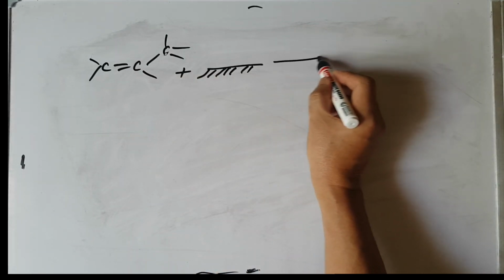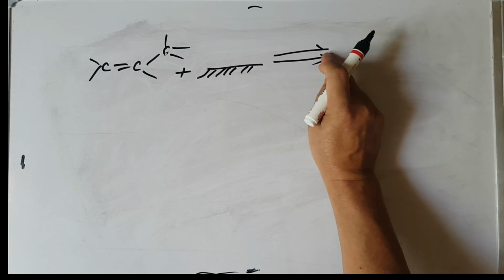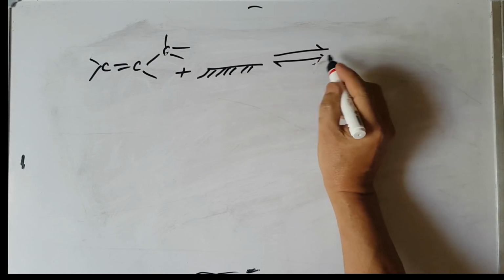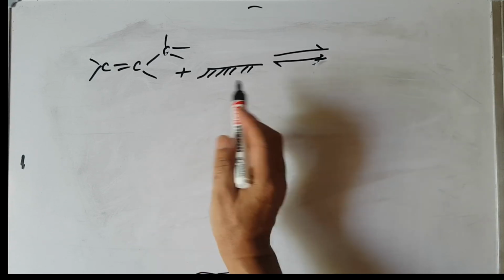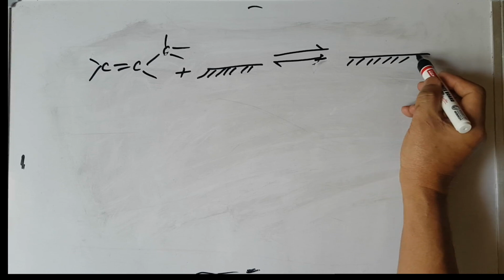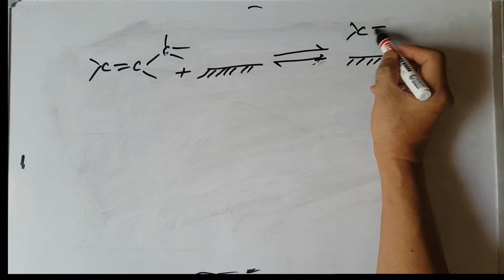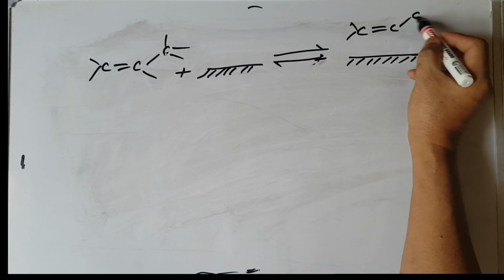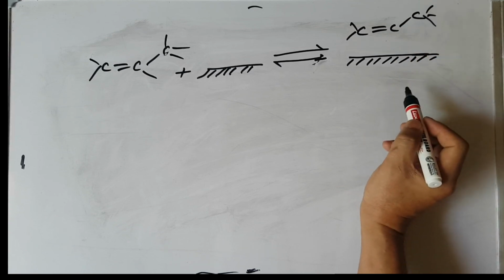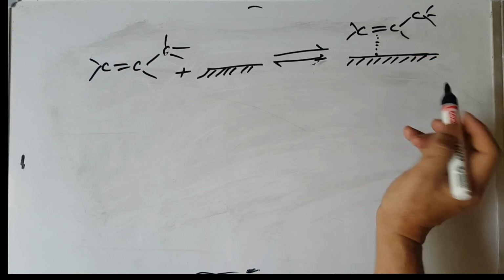So let's say this is an equilibrium. The first step is absorption of this compound on the surface of the catalyst. This one is pi bonded.